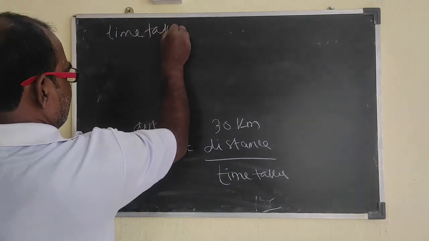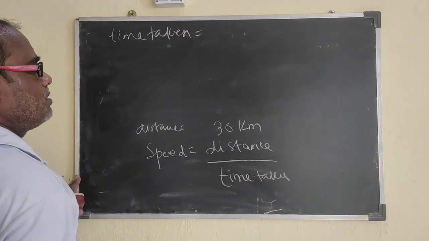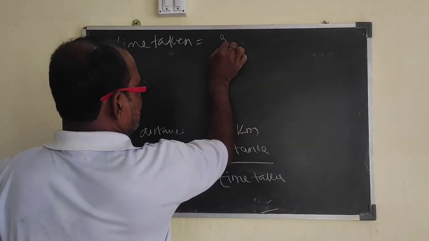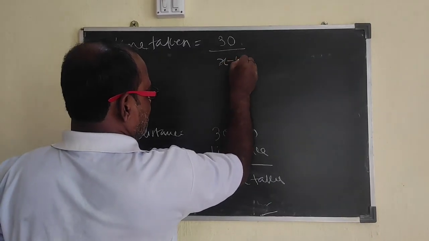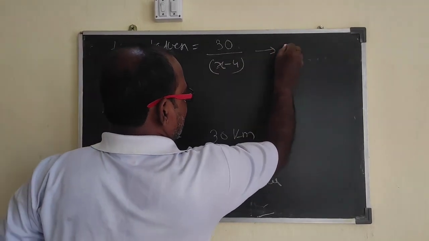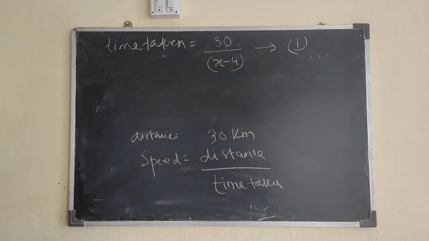Time taken is equal to 30 by x minus 4. Let it be statement 1.